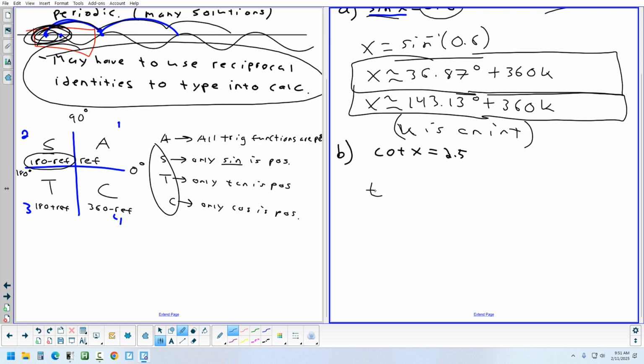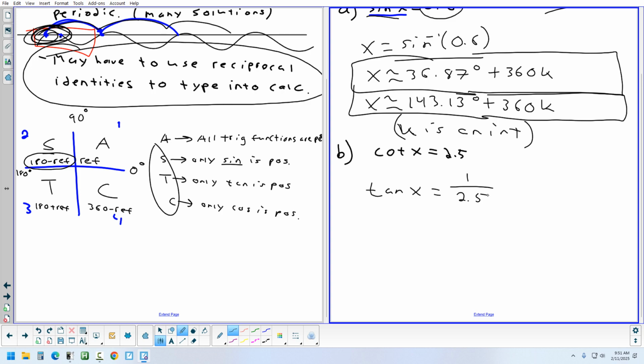So if they tell you the cotangent is 2.5, what's the tangent? We automatically know that too. Yeah, 1 over 2.5. It's the reciprocal. Now we've got a problem we can figure out.